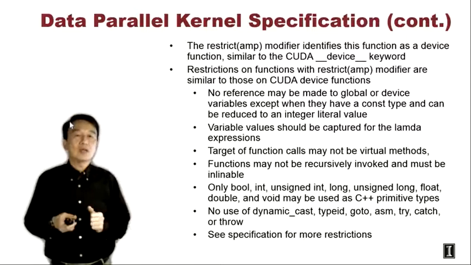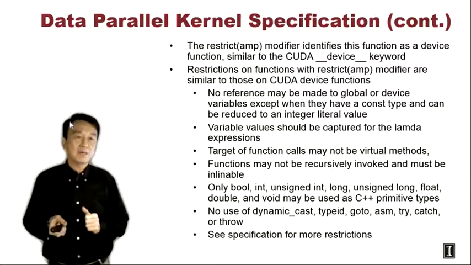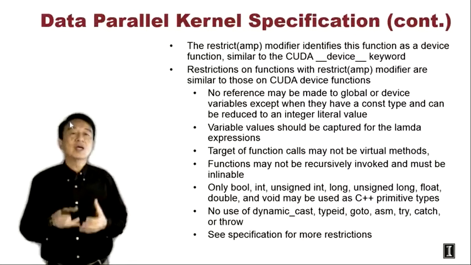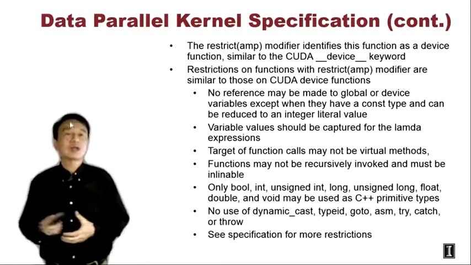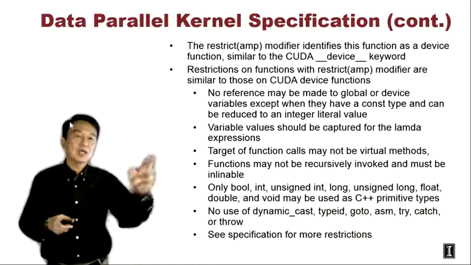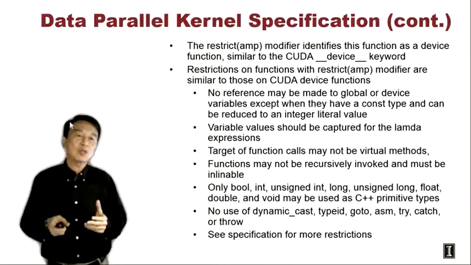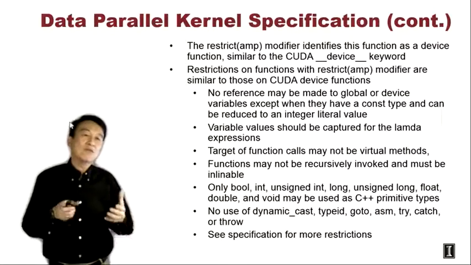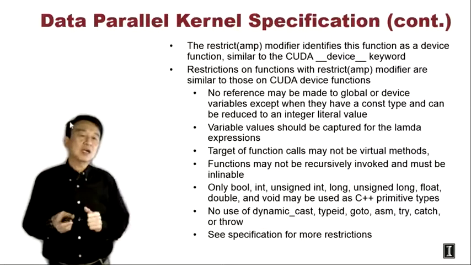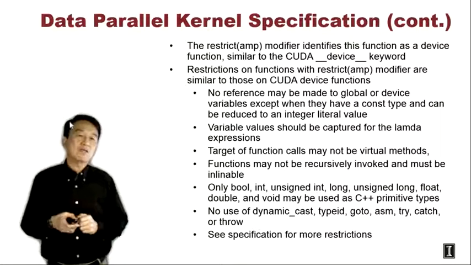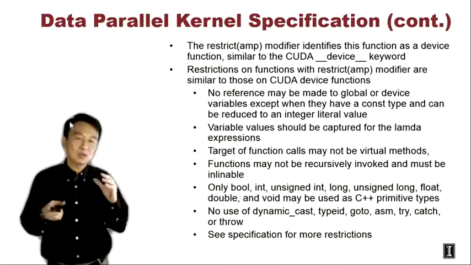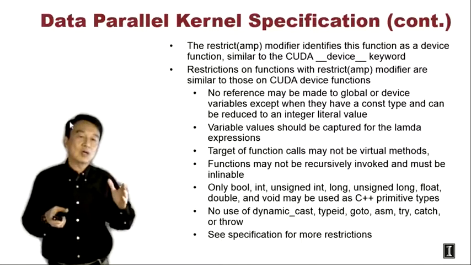For example, there can be no reference to global or static variables, except when they have a const type and can be reduced to an integer literal value. That literal value will be transferred to the device. The second one is that variable values should be captured for the lambda expressions, as we have seen for A, B, and C. Then the target of function calls may not be virtual methods, so we have to be able to tell exactly which function will be called at compile time.